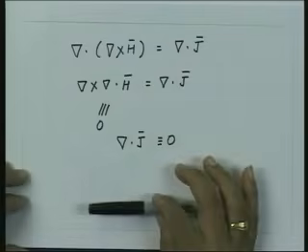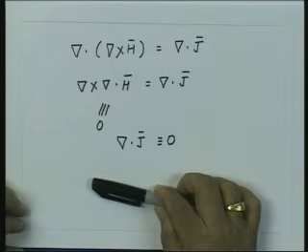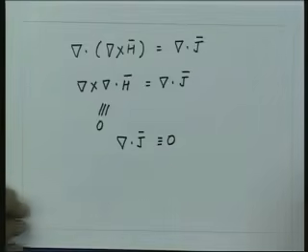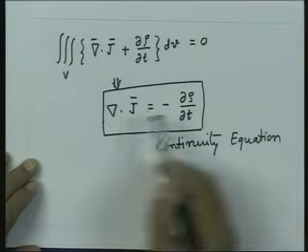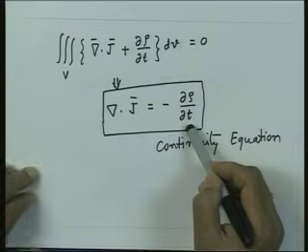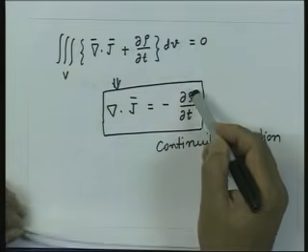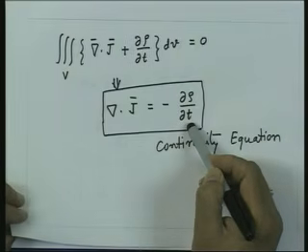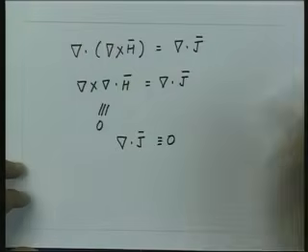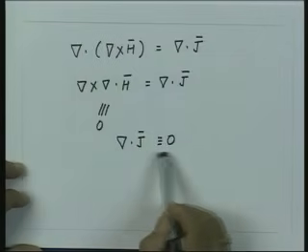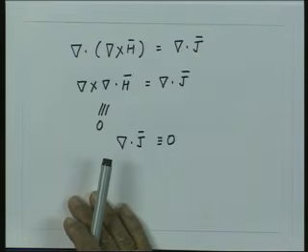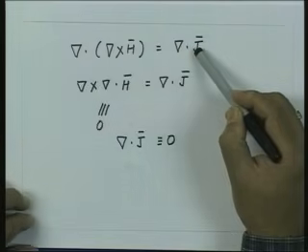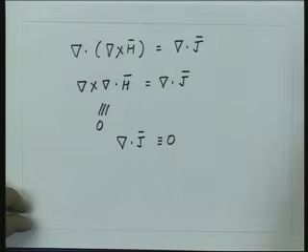That is the precise problem, because it is inconsistent with the continuity equation. The continuity equation says that the divergence of J has to be negative of rate of change of the volume charge density, whereas the Ampere's circuit law says that the divergence of J must be identically equal to 0. So, basically the Ampere's circuit law does not satisfy the continuity condition.